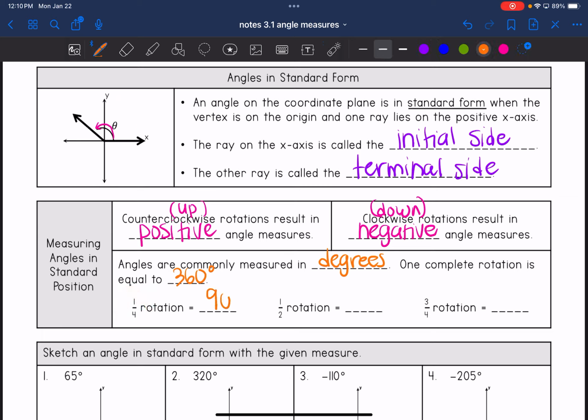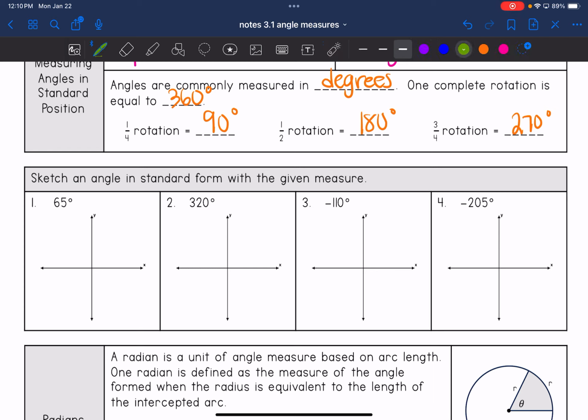So we're going to practice drawing, or just sketching, some angles here. They don't have to be perfect, we're just estimating. The first one that they give us is 65 degrees. I know my initial side has to be on the x-axis, so I'm drawing that first. According to my measurements up here, a quarter of a rotation is 90, so up here would be 90 degrees.